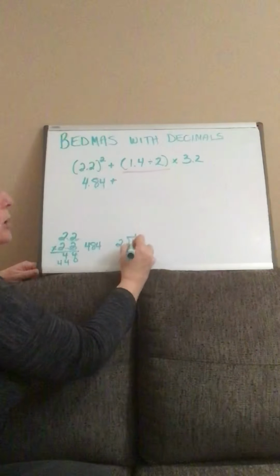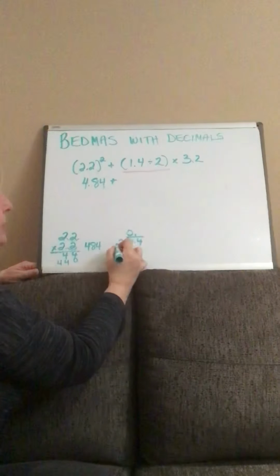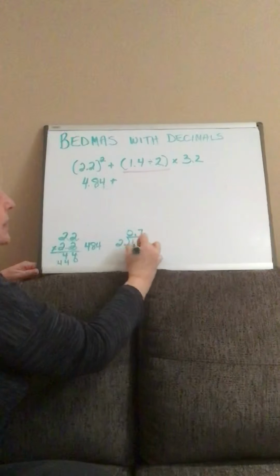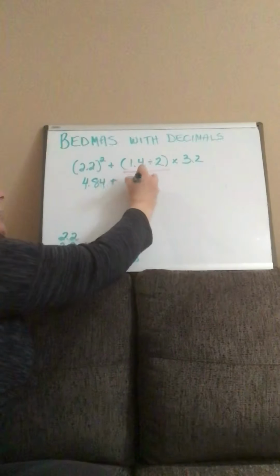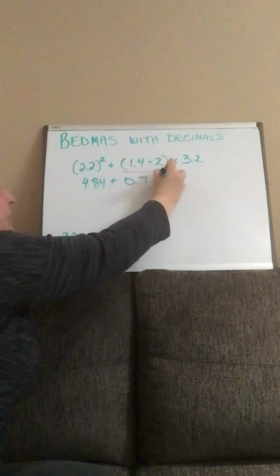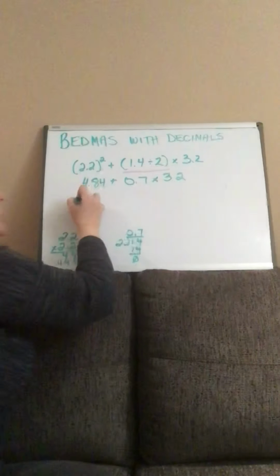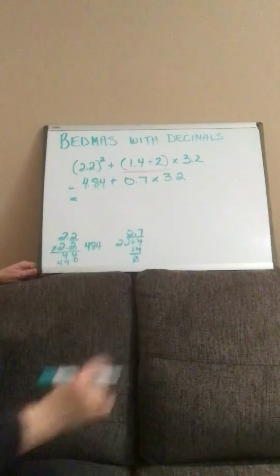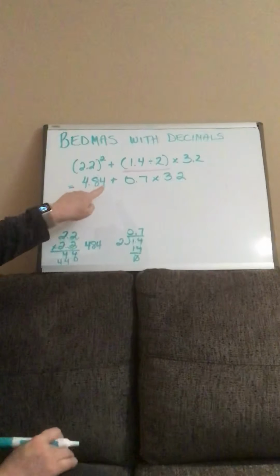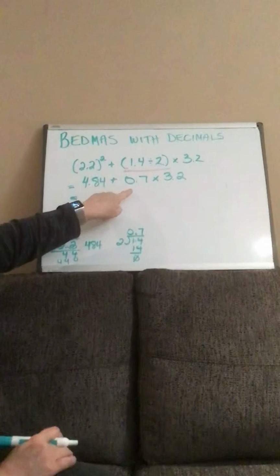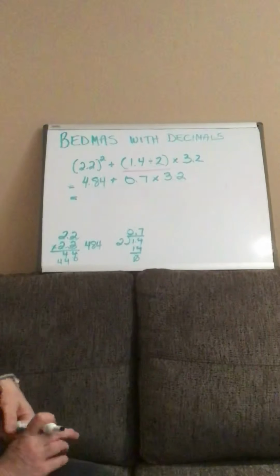Hold that place. 2 goes into 1 0 times. 2 goes into 14 7 times. So this becomes 0.7 times 3.2. Now, 4.84 plus 0.7 times 3.2.